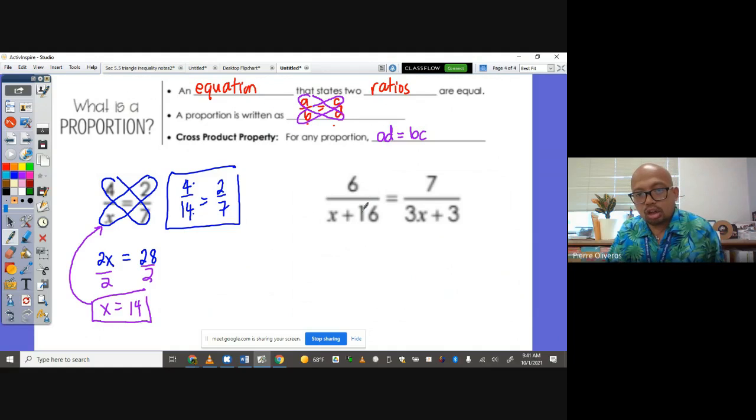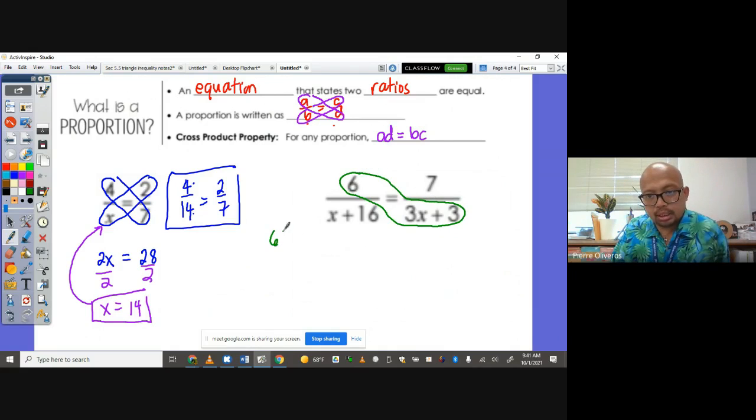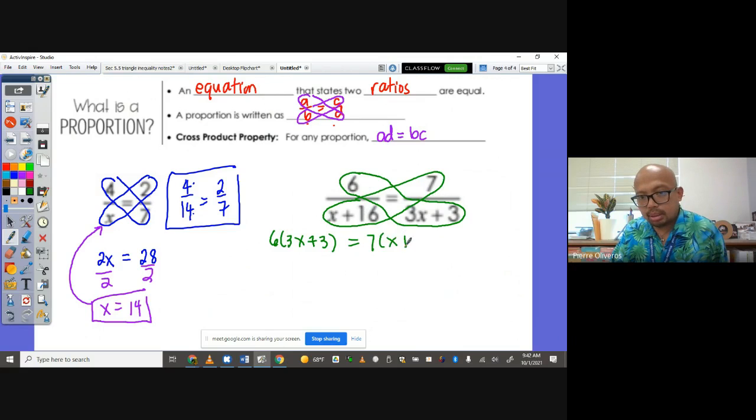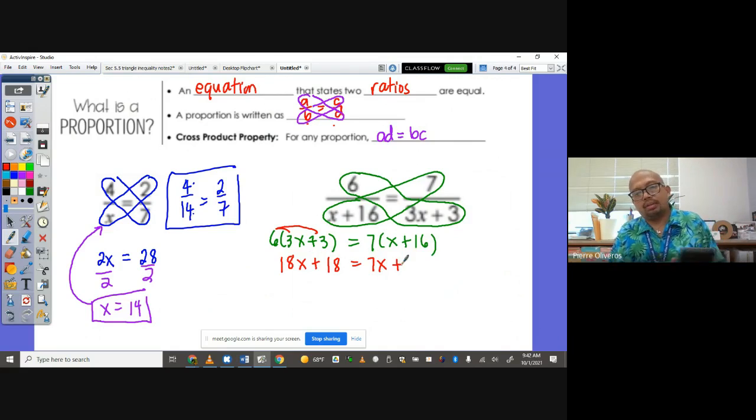Next, 6 over x plus 16 is equal to 7 over 3x plus 3. Again, I'm going to multiply the 6 by 3x plus 3, applying the cross product property. 6 times 3x plus 3, and I'm going to multiply 7 by x plus 16, 7 times x plus 16. I'm going to distribute this one here. This will be 18x plus 18, and this will be 7x plus, what's 7 times 16?